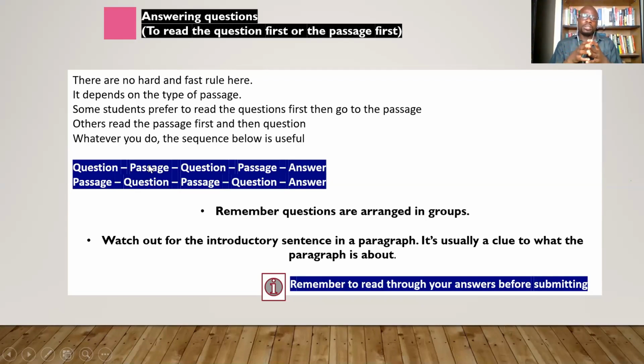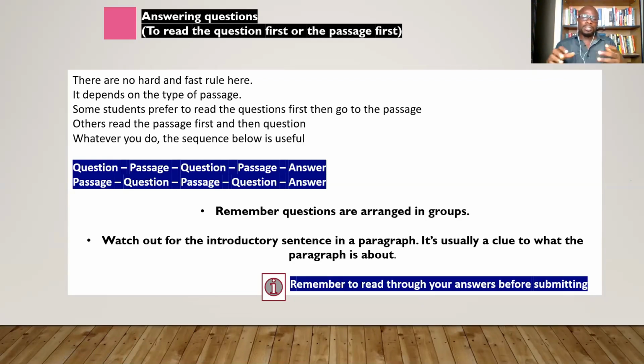The reason is that when you ask a question, there are sometimes logical traps embedded in questions. If you don't go back to the question a second time, you might just assume that you know what the question is about. So going back the second time is for you to confirm what you read the first time. Same with the passage.